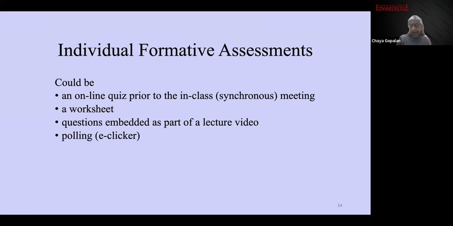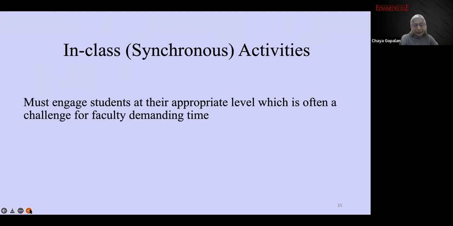Or if you're creating lecture videos, you could insert questions that would stop them from moving forward in the video, but to forcefully answer the question before they can go to the next part of the video. A polling or e-clicker or Poll Everywhere that we did is another activity that I just demonstrated. Okay, so these are some options. You may have other creative ideas and let them be, if it works for you. There is no one size fits all here.